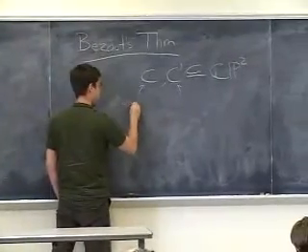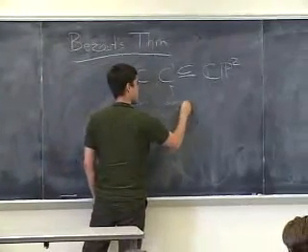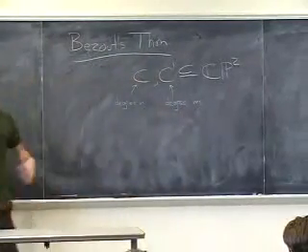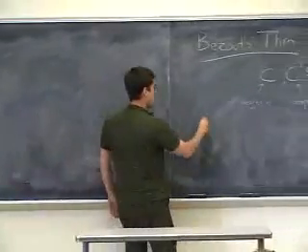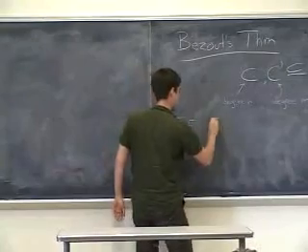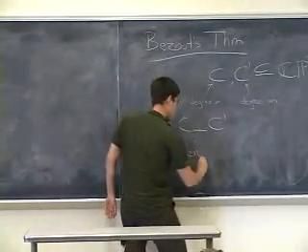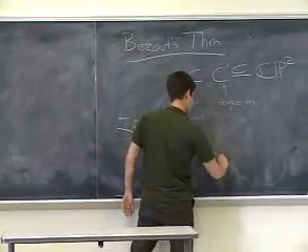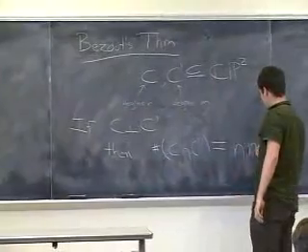Let's say C is a curve of degree n, and C prime is a curve of degree m. So in its simplest form, Bezout's theorem tells you that if C and C prime meet transversely, then the number of points of intersection of C and C prime is equal to the product n times m.